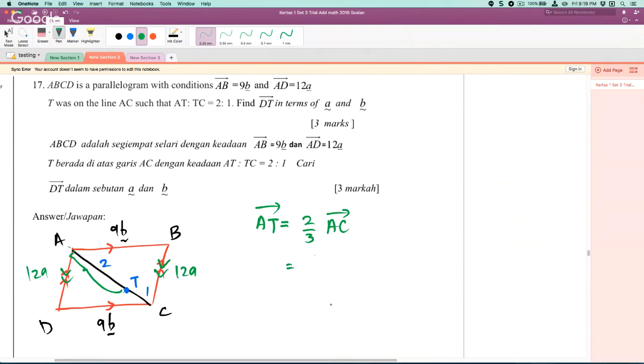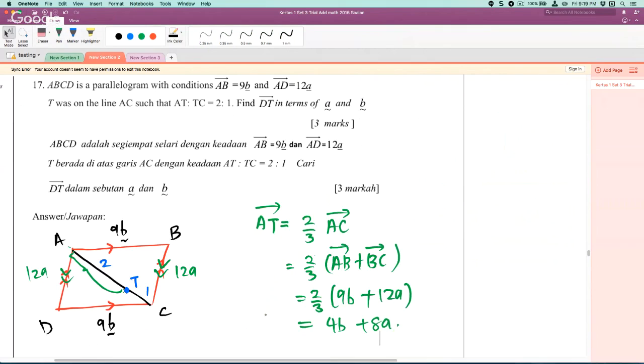AC is equal to AB plus BC. A to B is 9b, B to C is 12a. Of course, we will simplify it by dividing by 3, so you get 4b plus 8a. All right, this is AT.